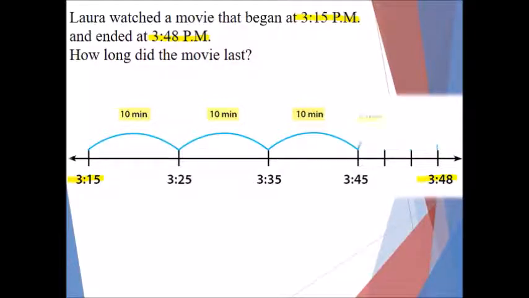3:45 plus 1 more minute, 3:46, plus 1 more minute, it's 3:47, plus 1 more minute is 3:48. The jumps on the number line show the minutes from 3:15 to 3:48. Now let's add the total minutes.